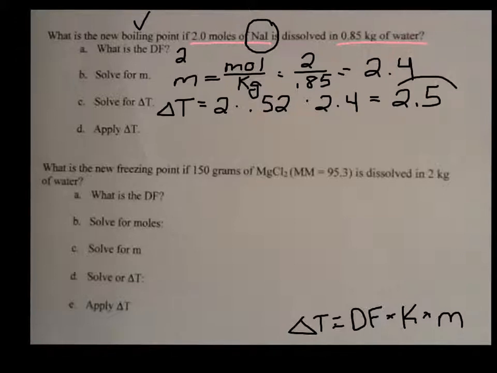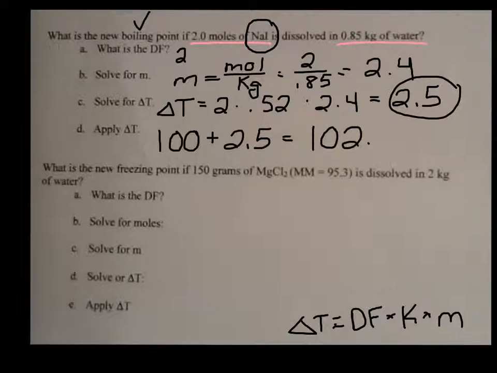That's how much our temperature is going to change. Now to apply it. Water should boil at 100. When you add salt to water, you increase the boiling point, so we're going to add 2.5 to it, and our new boiling point will be 102.5 degrees.